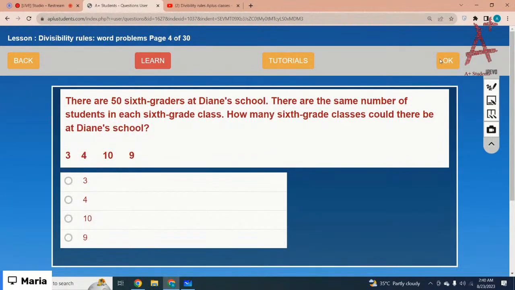That's the one we did in the tutorial. The correct option is 10.